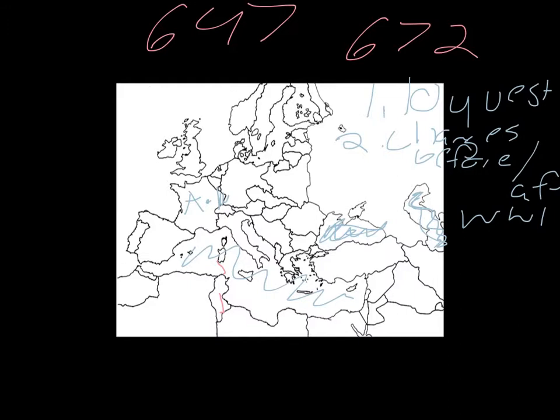And then the third requirement is I want you to focus on land. It's not really a requirement, but is an emphasis. Focus on land, not mountain ranges or physical geographical features, but political geographic features.